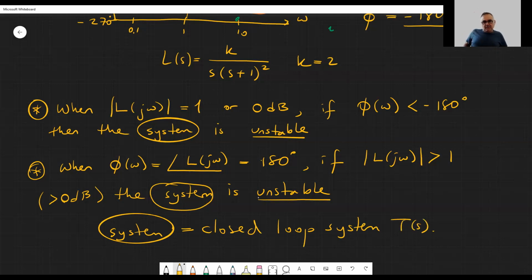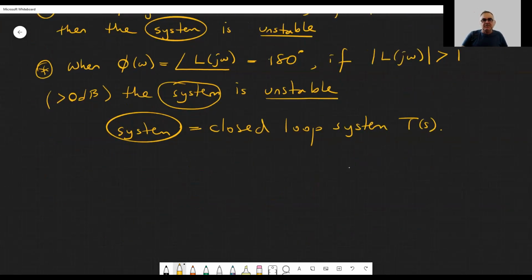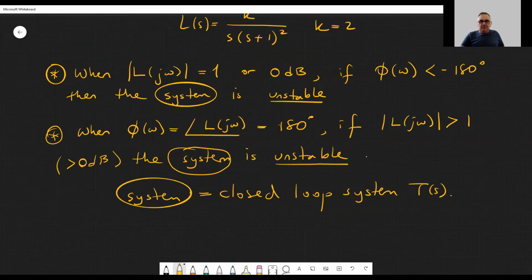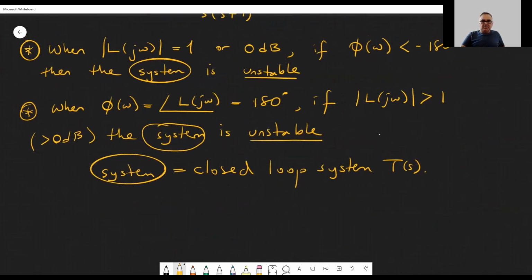Just looking at the properties of L of s, we try to find the properties of the closed loop system. At first sight, when you first encounter this, it looks very, very complicated. I am sure it is, but I don't know how to make it any simpler than this. I try to make it look easy.